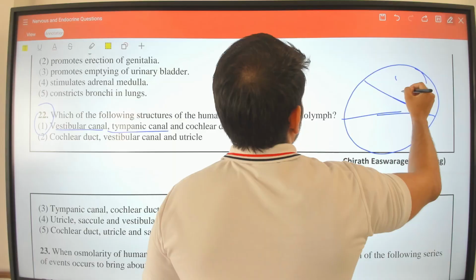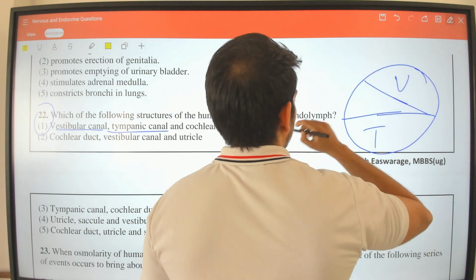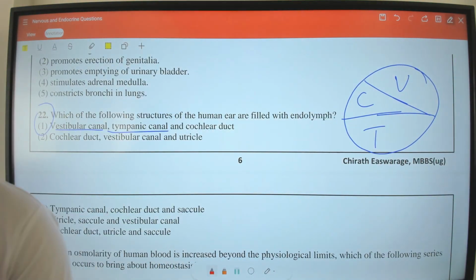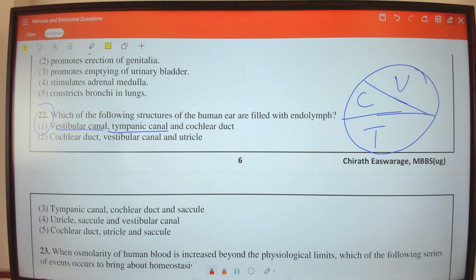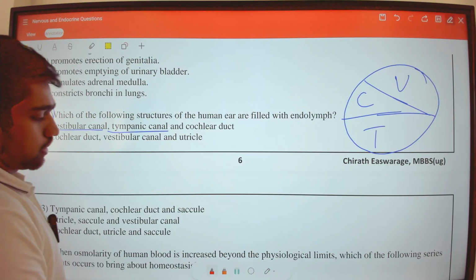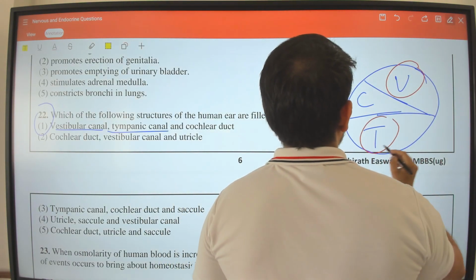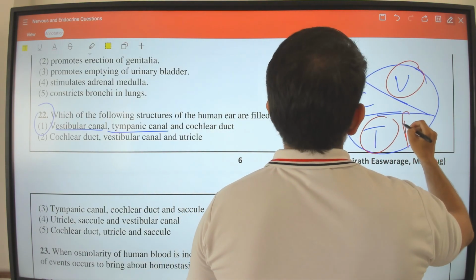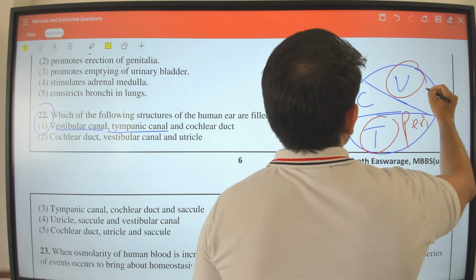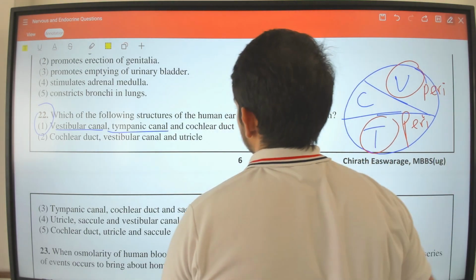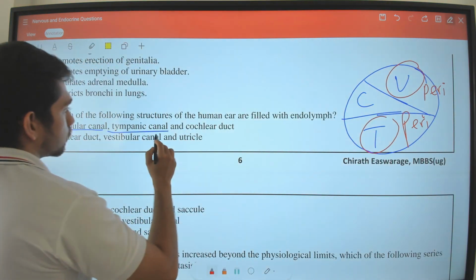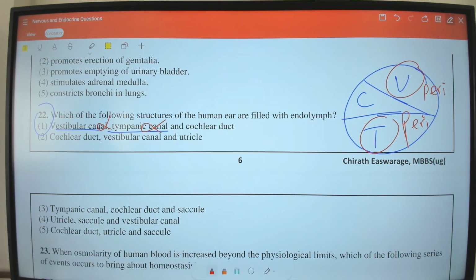The upper vestibular and tympanic canals are filled with perilymph. So who has endolymph? Only the cochlear duct. So these two are wrong.